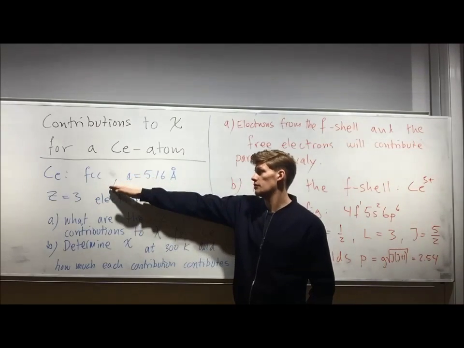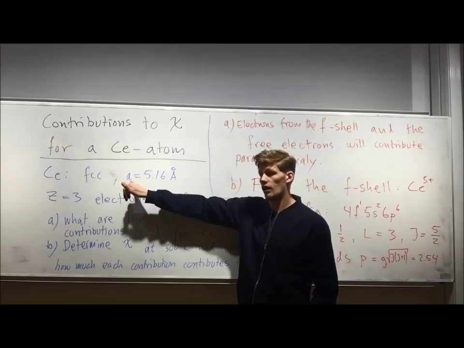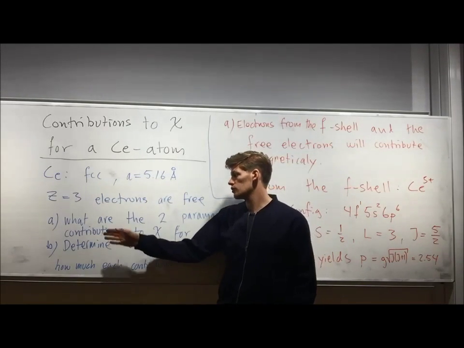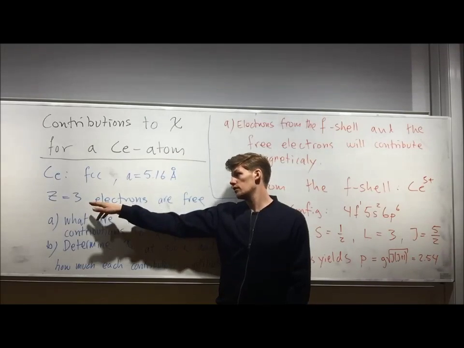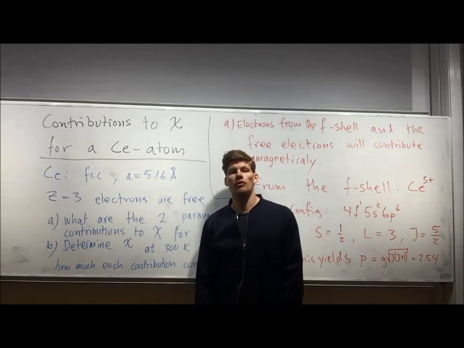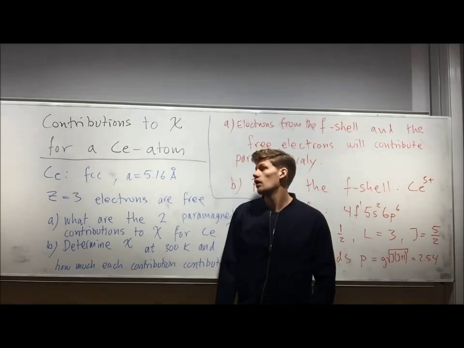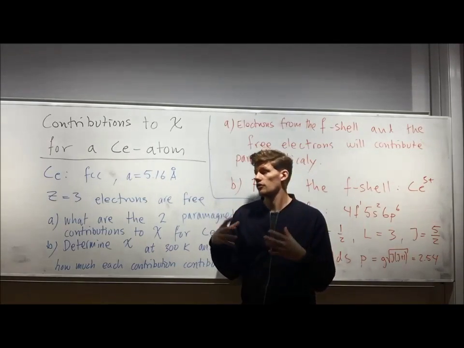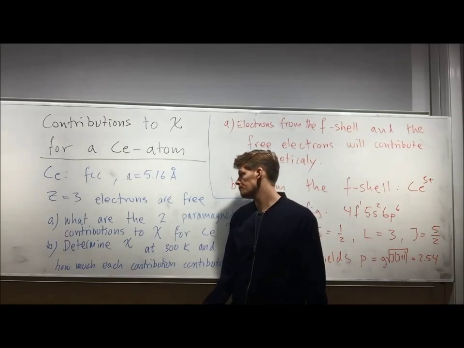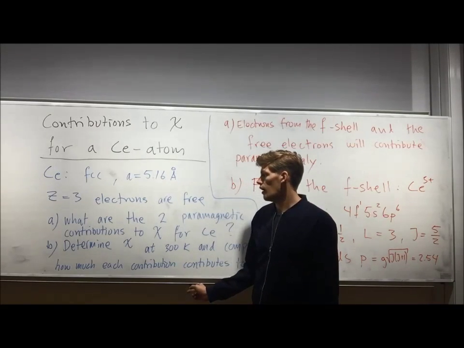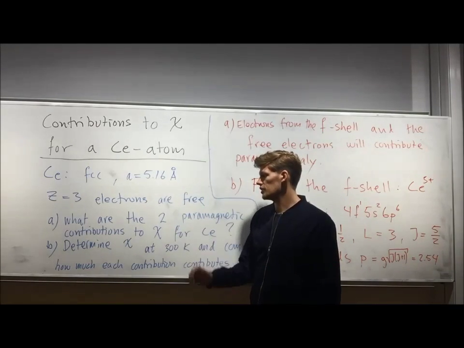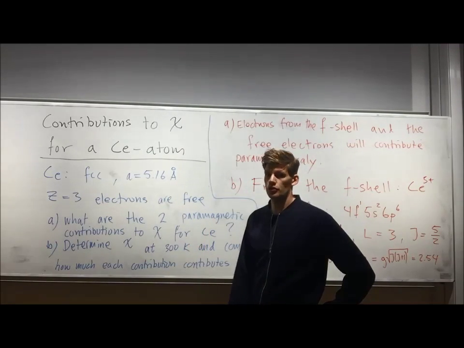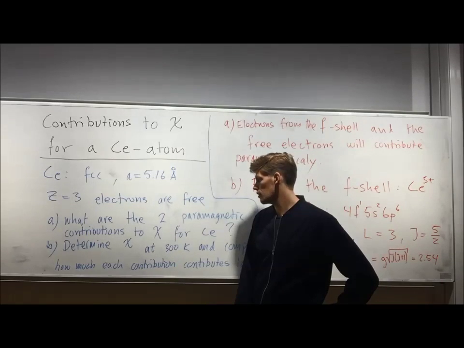And you have this lattice parameter, A. And also, let's assume that cesium contributes with 3 electrons to the free electron gas in the metal.